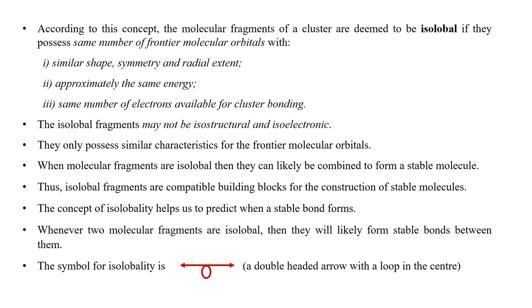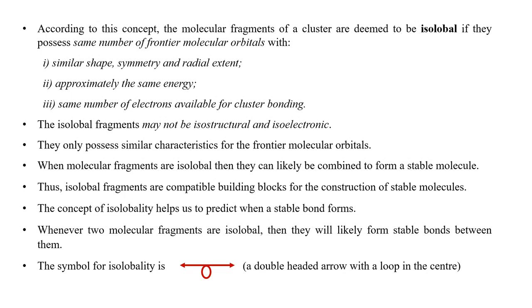The concept will help us predict the stability of the bond formed. According to the concept, when two molecular fragments are isolobal, they are likely to form stable bonds between them and the resulting molecule would be stable.